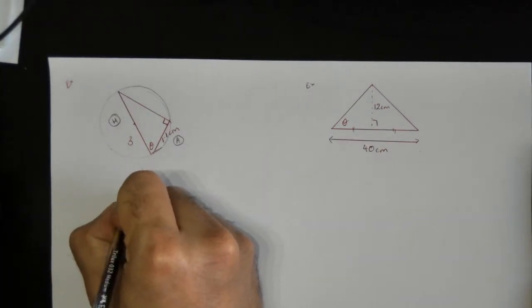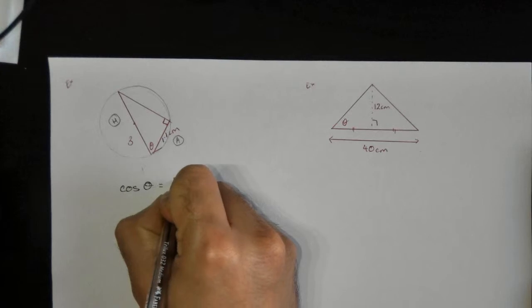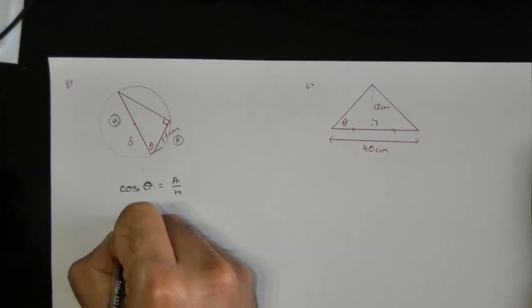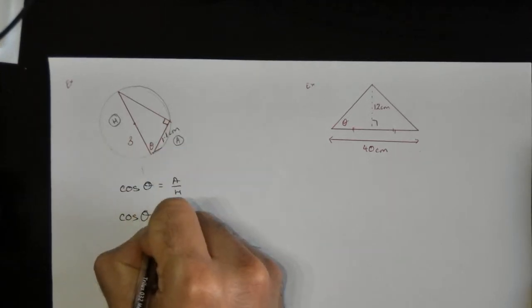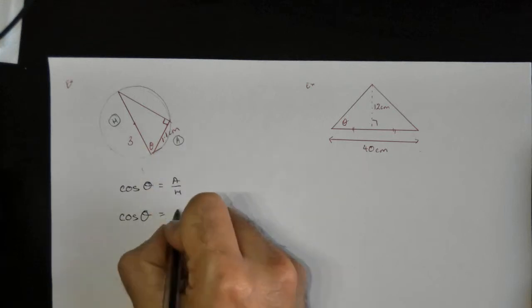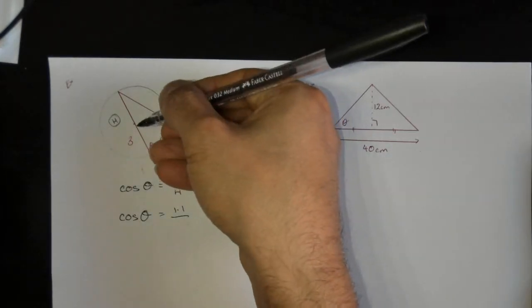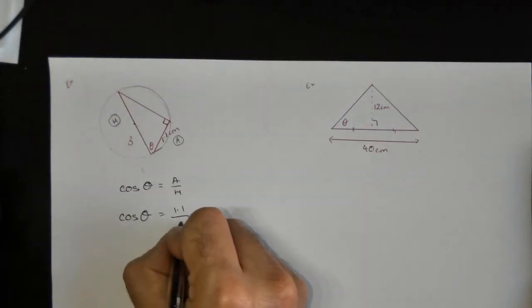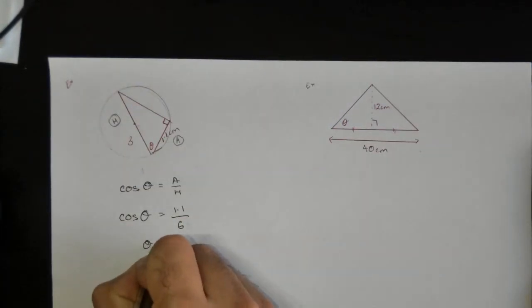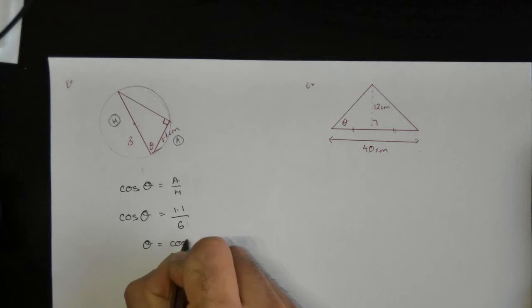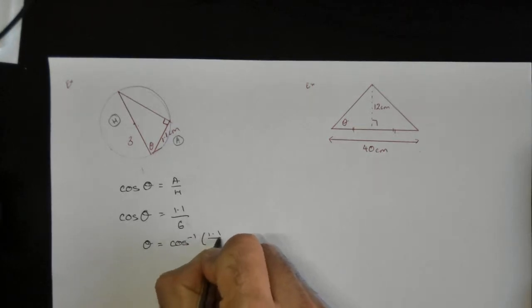So cos theta equals A over H. In this case, it's still theta. My adjacent is 1.1, but my hypotenuse is 6, because I've got a radius of 3, but a diameter of 6. So to figure out what theta is, I have to go inverse cos 1.1 over 6.